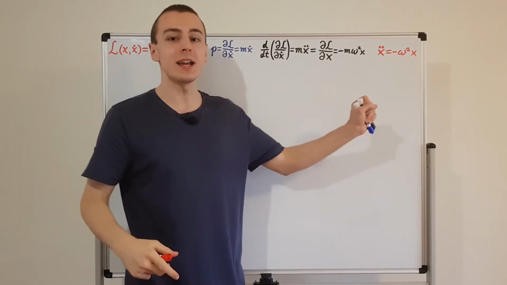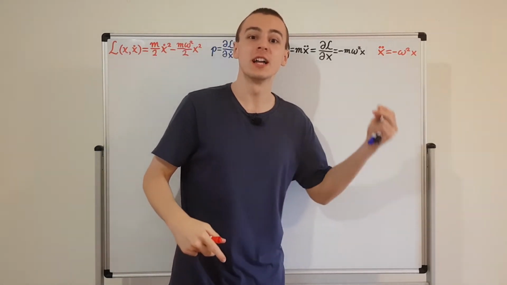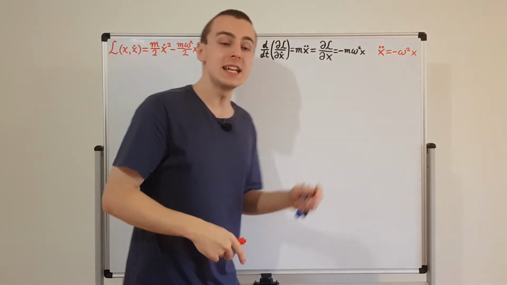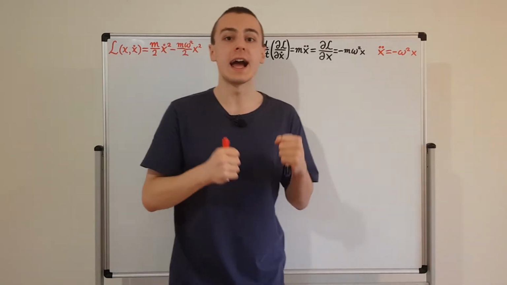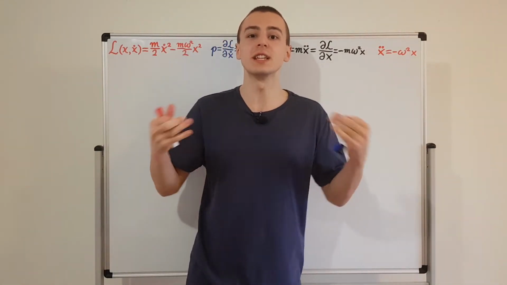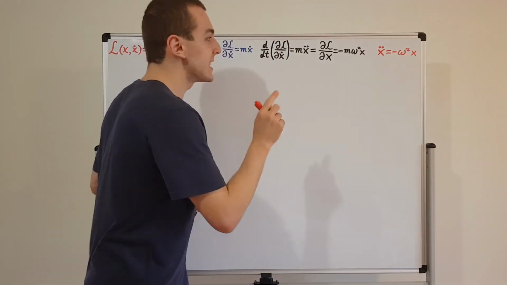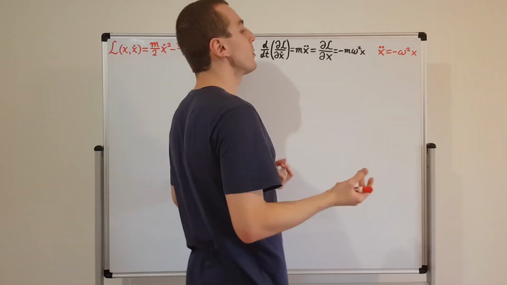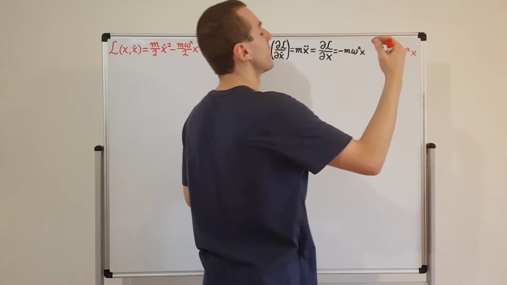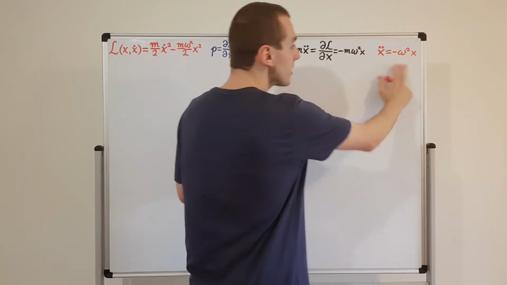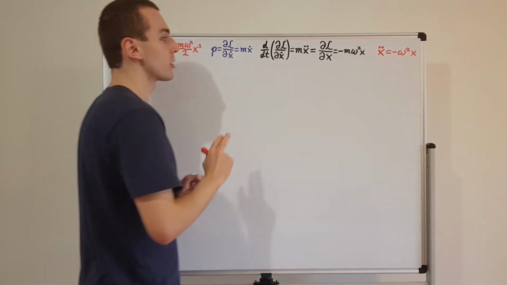So F equals ma also gives us a second order differential equation to solve. And we need two initial conditions. We need to know the position and the velocity at t equals 0, or at the initial time. So that's essential. That's one of those unavoidable properties of ordinary differential equations, especially when they are second order. So you can't solve this if you don't have the initial conditions.